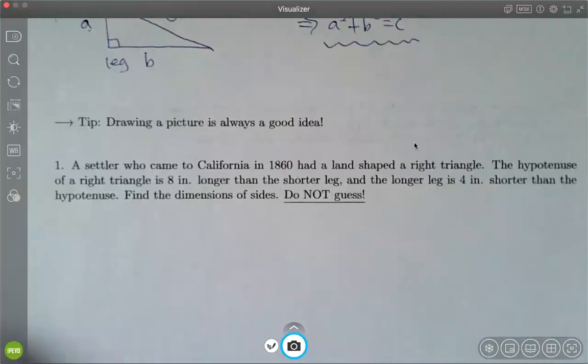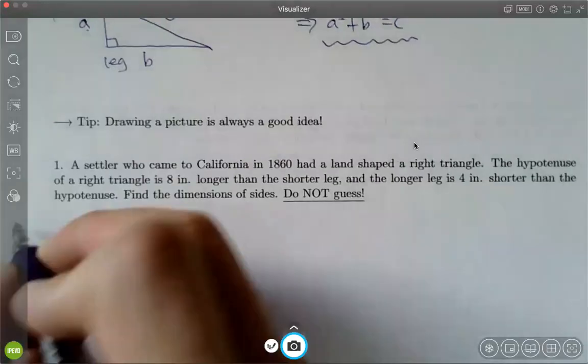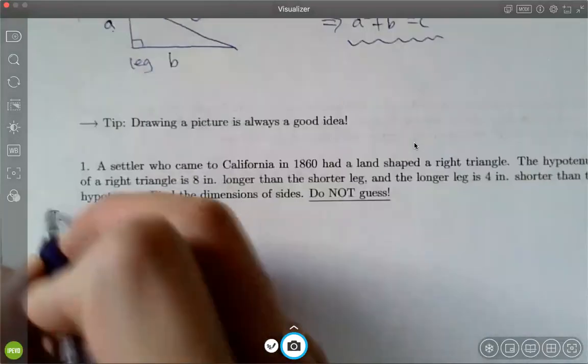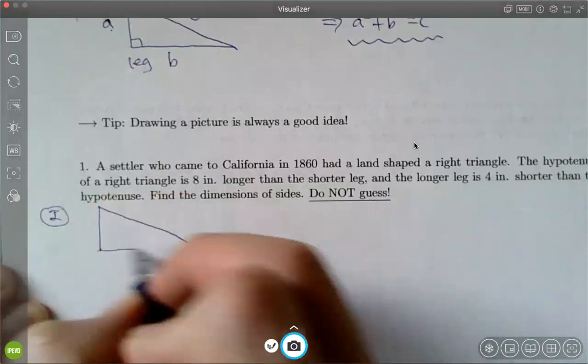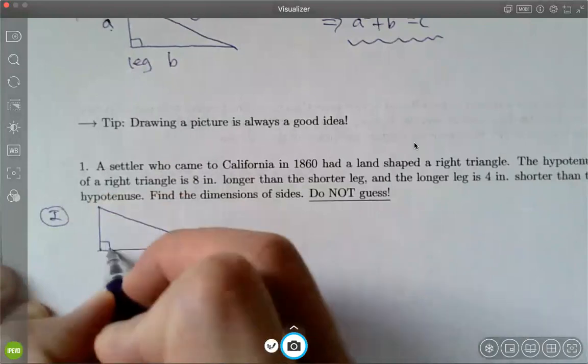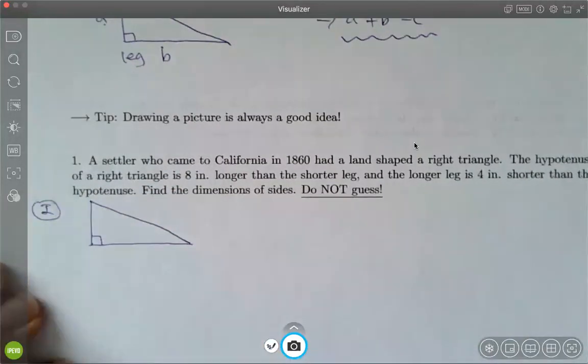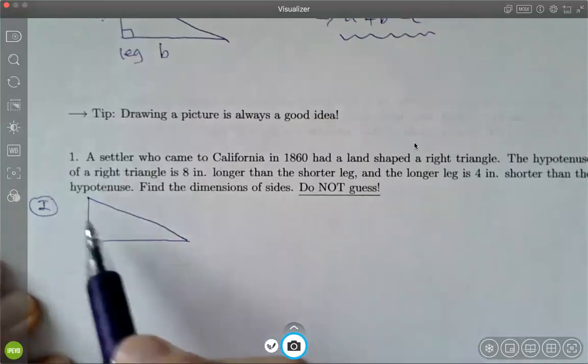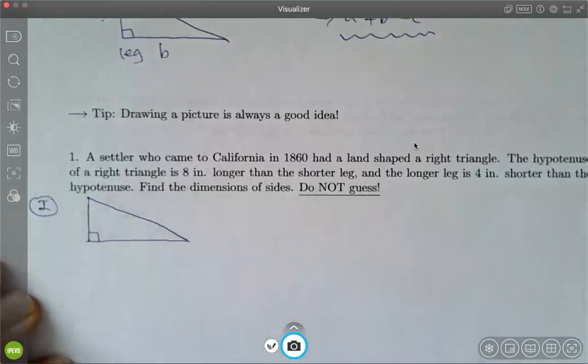So, here is the right triangle. Let's start off by drawing a right triangle, like this. Now, hopefully you have seen this scheme before. There are 3 unknowns in this problem. Do you see them? What are the 3 unknowns? The 2 legs and then the hypotenuse, right?